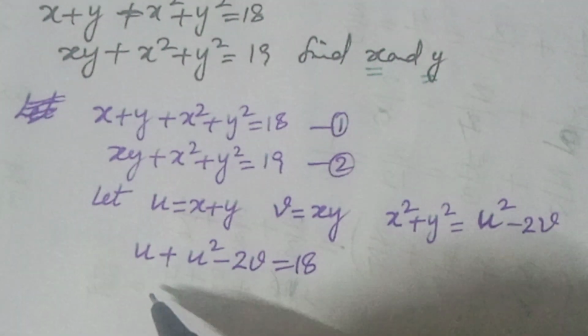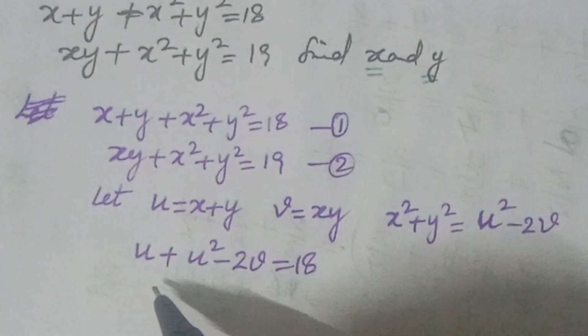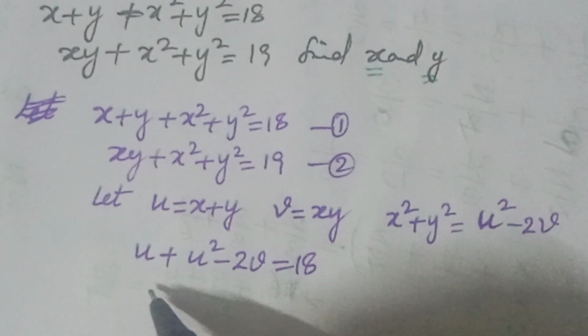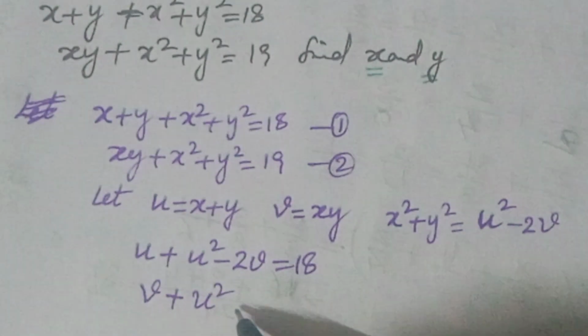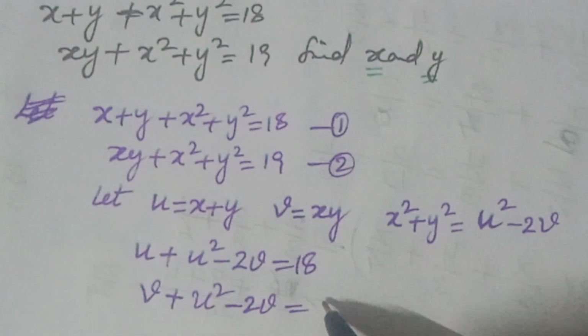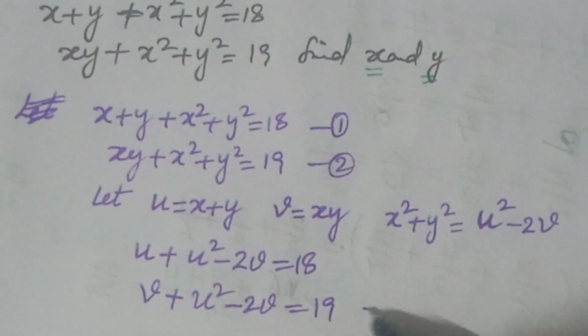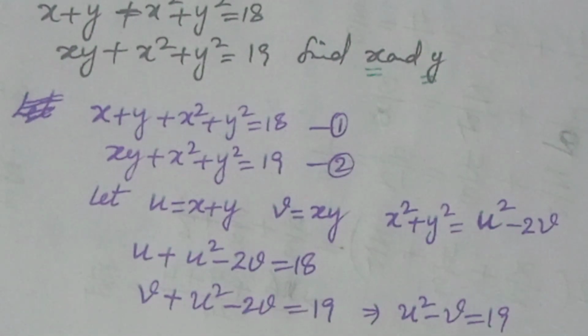The second equation we will get is v plus u square minus 2v is equal to 19. This can be written as u square minus v is equal to 19.